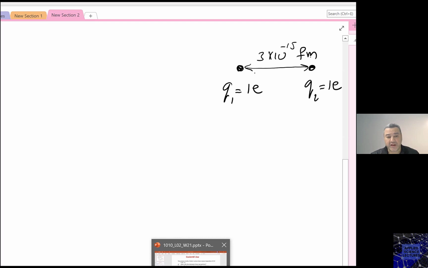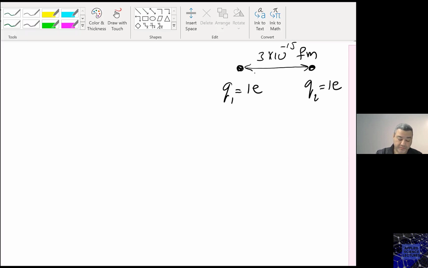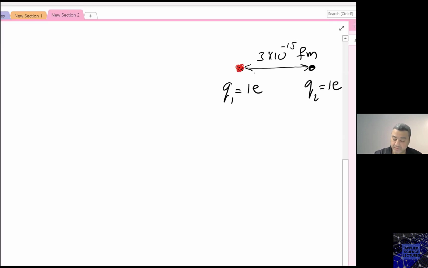If I now calculate the force, then as you know, those are of the same type, same signs, which means that the forces will be repulsive.